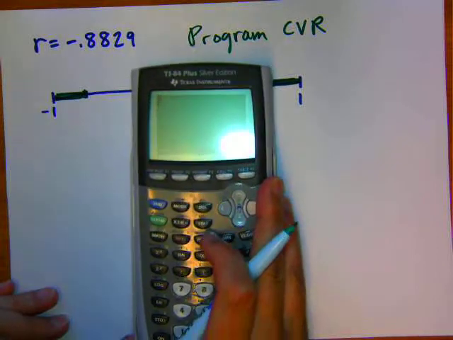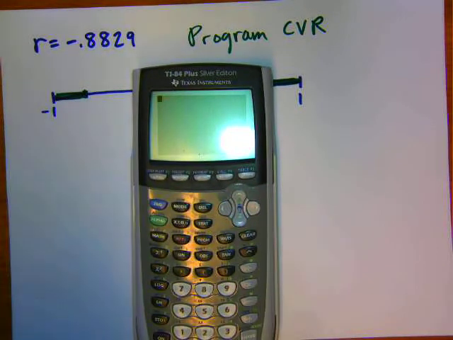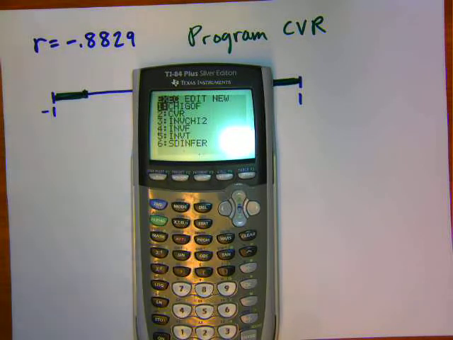To get that critical value, you would start with your program key. If you're on the TI-89, this would be catalog. And then you're going to go into, let me pull out my TI-89 actually so I can show you.